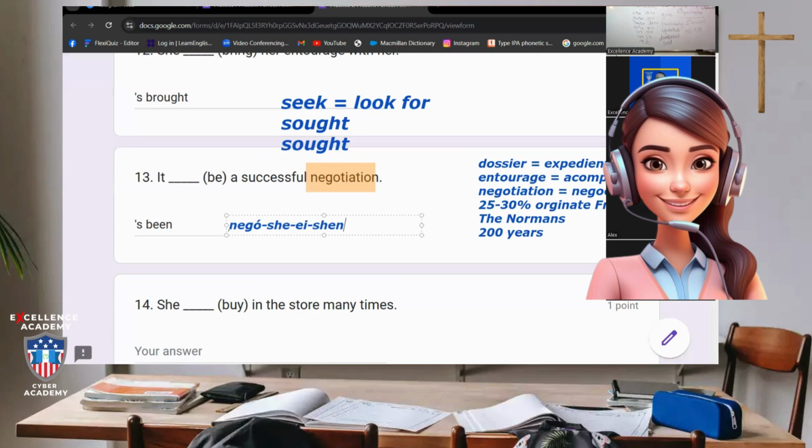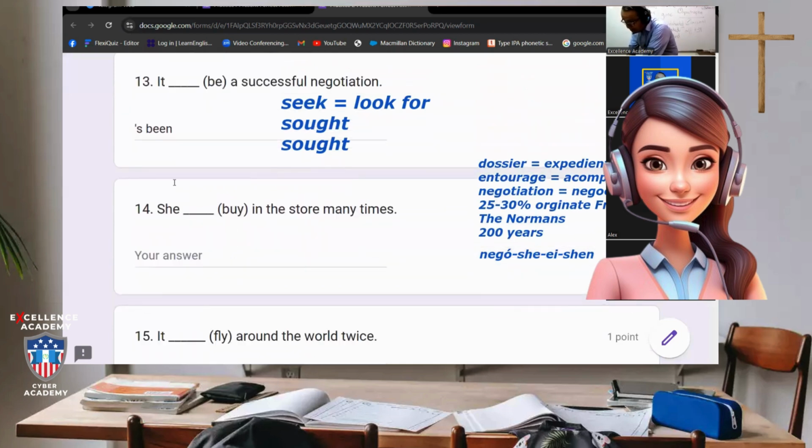Now try to say it. Yeah, practice. Negotiation. That's right. You see? Good pronunciation. Negotiation. Write it down. Like we say here in Guatemala, chivito. Like I told you, those French words are the most difficult ones to spell. Okay, let's continue.